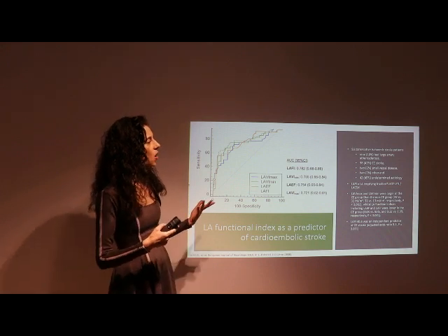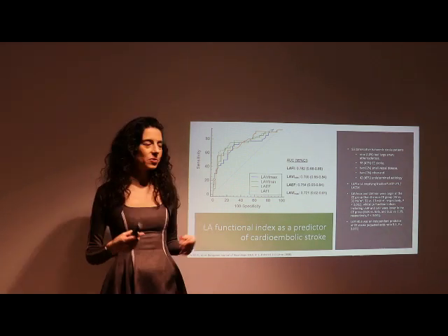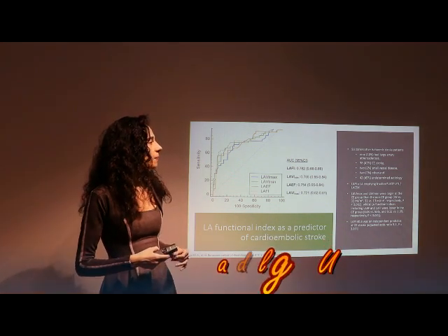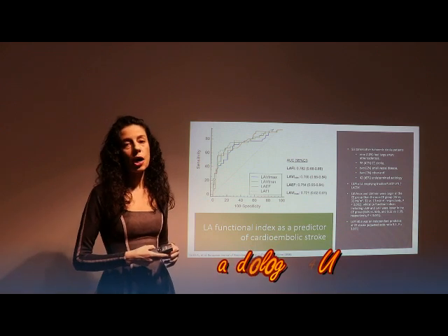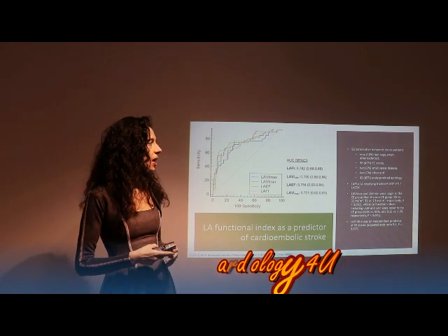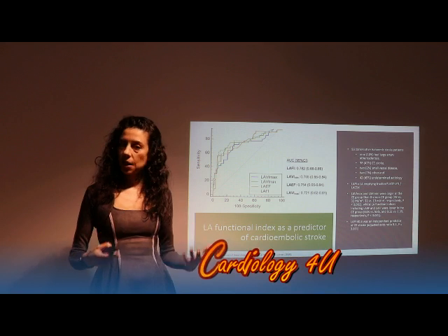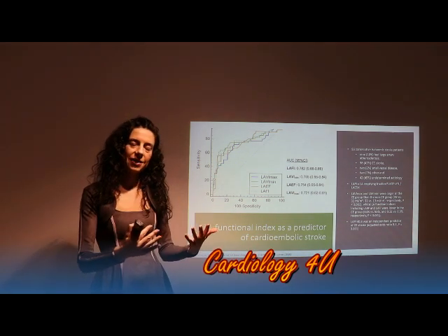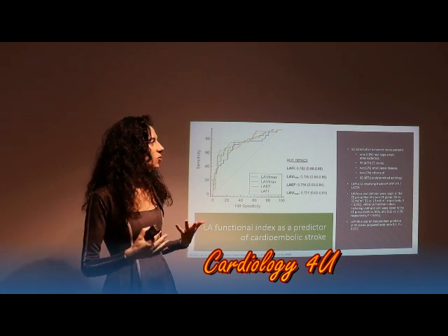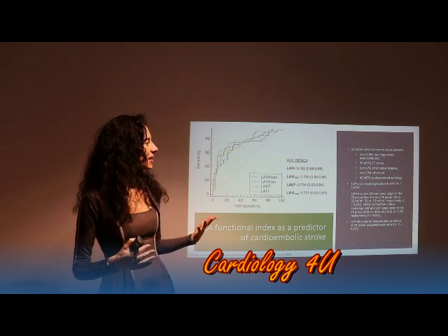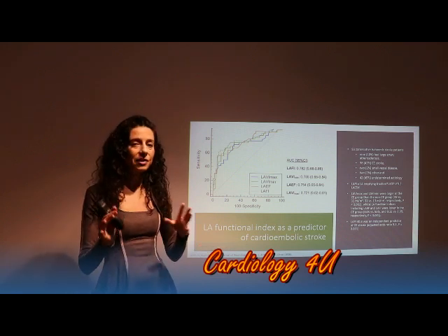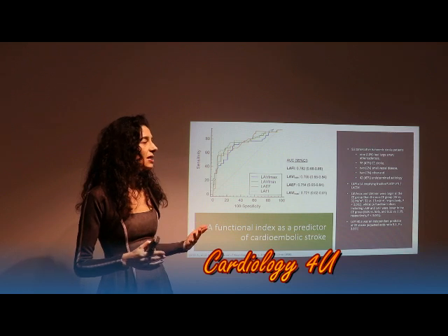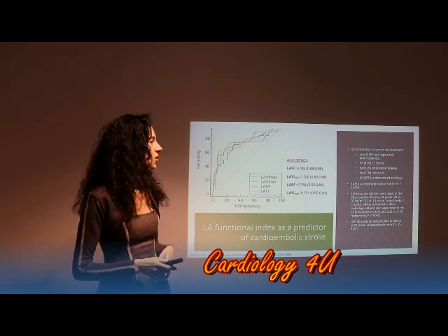In this study, we have nearly 100 consecutive ischemic stroke patients. 10% of them had large artery atherosclerosis. 41% had this cardioembolic stroke that we are investigating mostly. 2% have small vessel disease, another 2% have other kinds of strokes, and 45% have ischemic stroke of undetermined etiology.